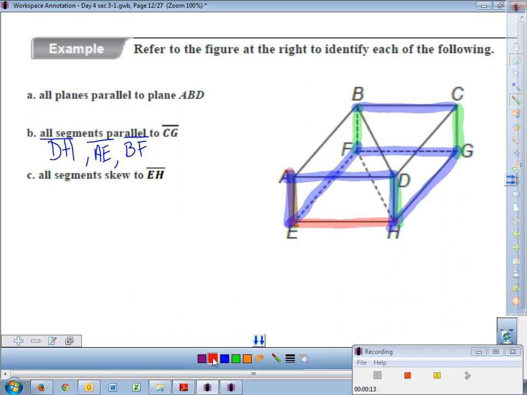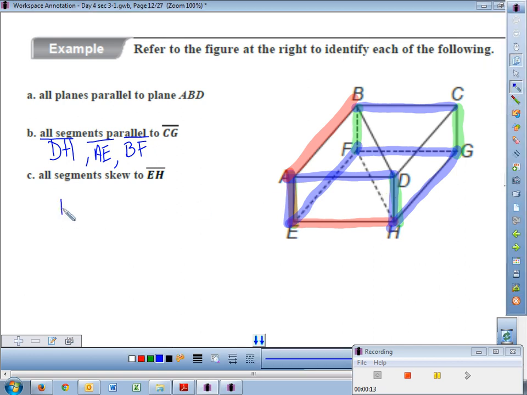So let's see if we can find all the ones skewed to it. This guy right here, segment AB, definitely doesn't touch segment EH, and it's not going the same direction, so it's skew. And then what do you think about segment CD right there? Segment CD doesn't touch it and is not going the same direction.